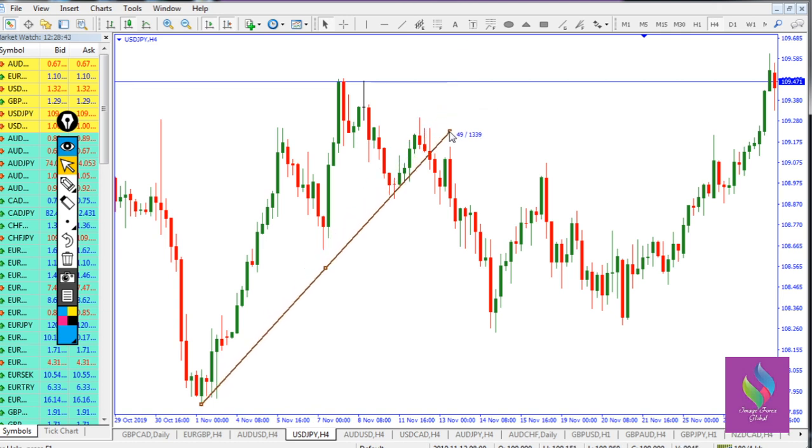But if I drew my trend line like this, do I have proper information? Do I have proper information that price should continue to head up? Wow, nice touch.